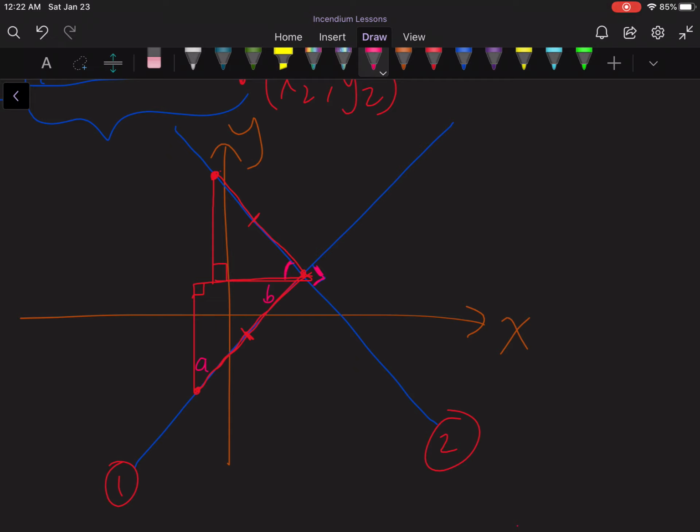Because this entire thing is a right angle, this angle in here would have to be A, just because A plus B equals 90 degrees, right? Given that, you can reason that this is B, and from there, it's quite clear that because they share the same hypotenuse and all three angles are the same, these two triangles are congruent.